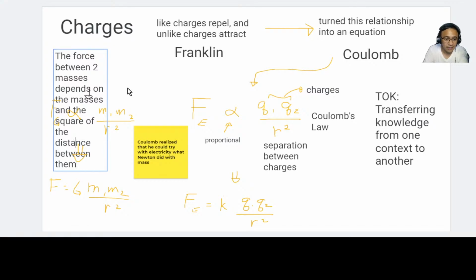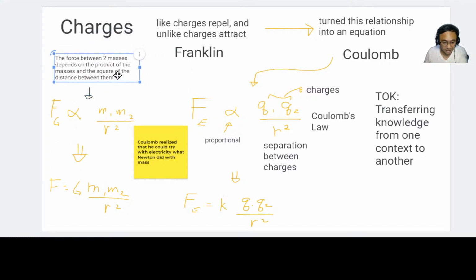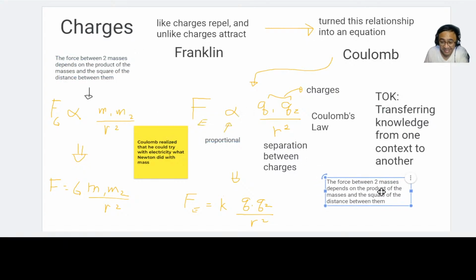So the genius idea here from Coulomb is that this is basically the same idea. Instead of saying masses, this is now charges, right? So he just changed the word masses to charges and it worked.